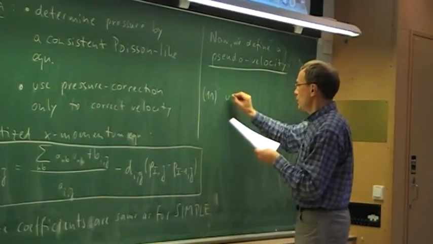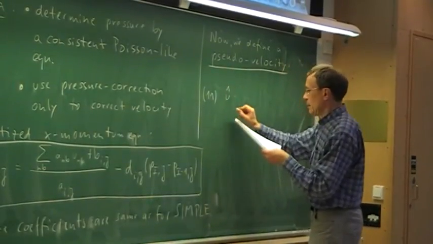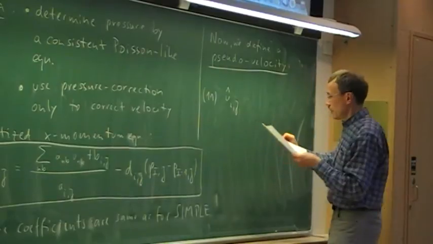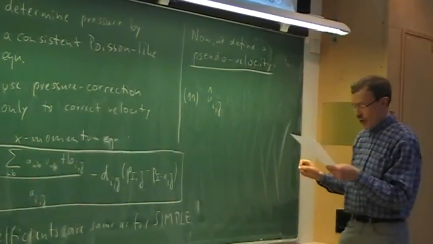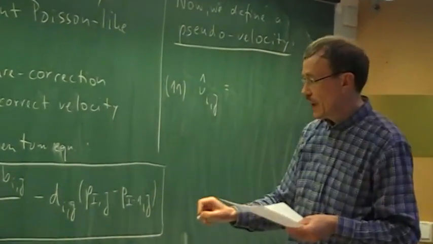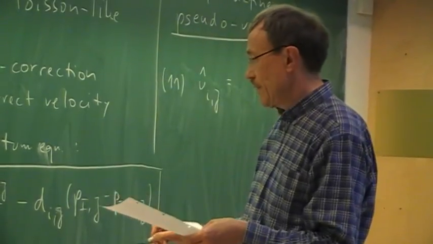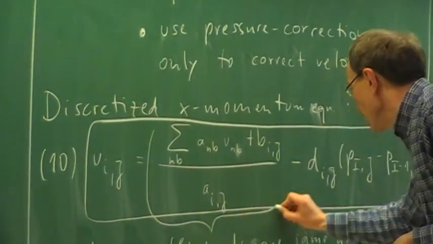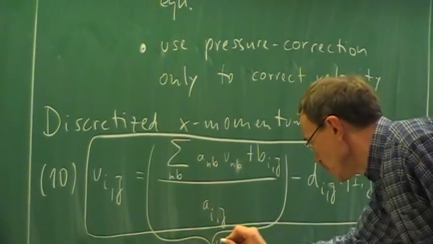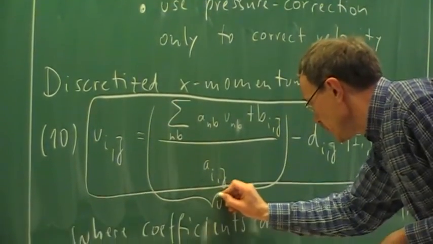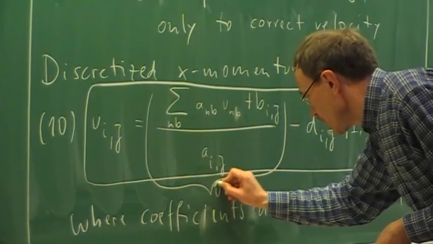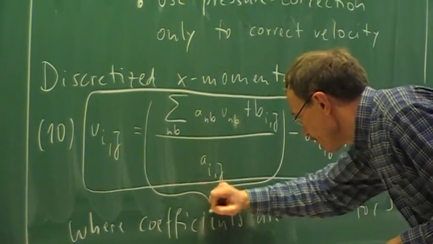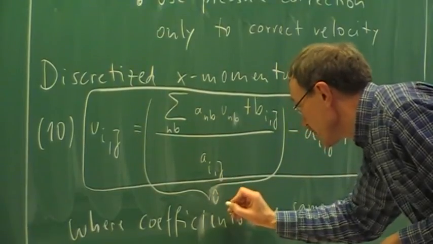Define, and that is called U hat, U hat at lowercase i, capital J. So these guys here are now defined as all this here. That is defined as U hat ij.